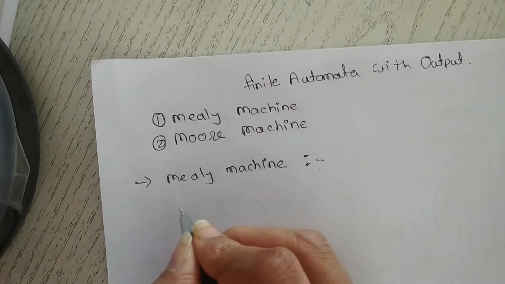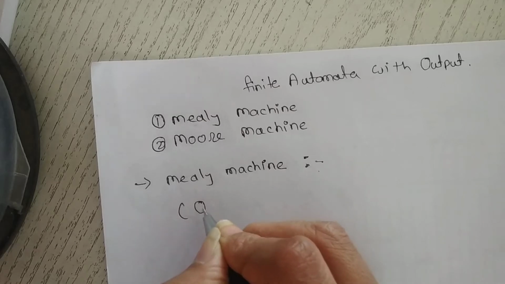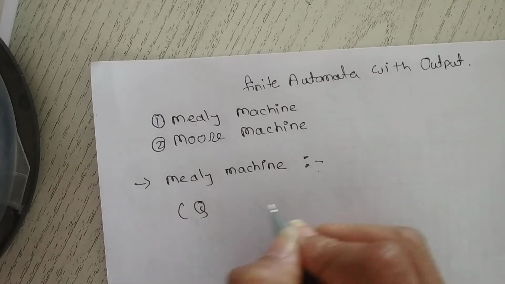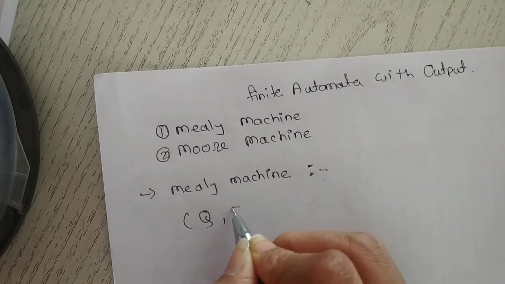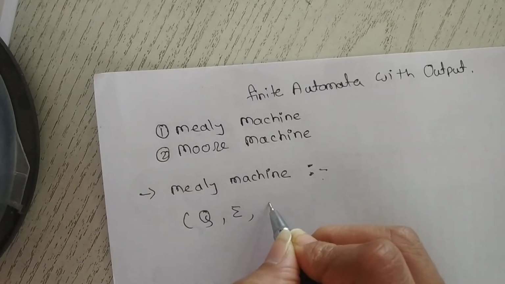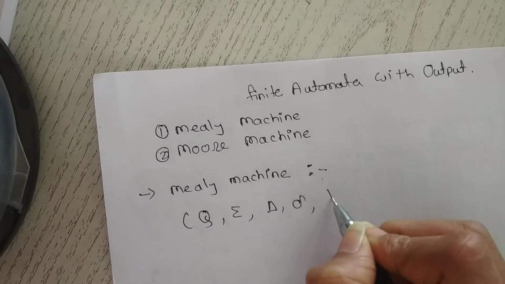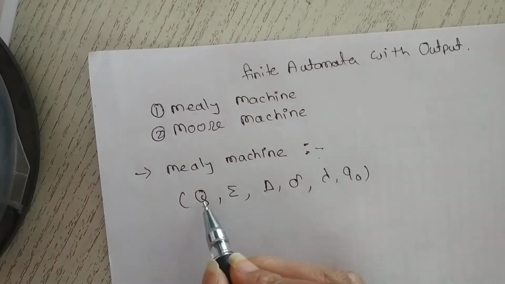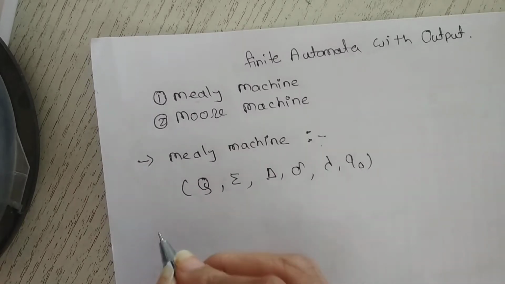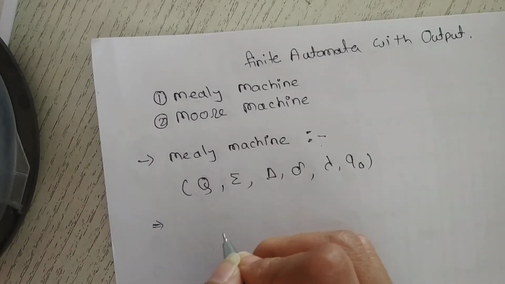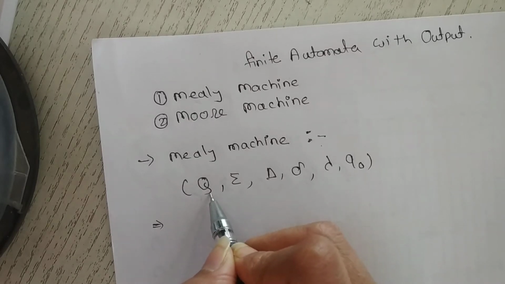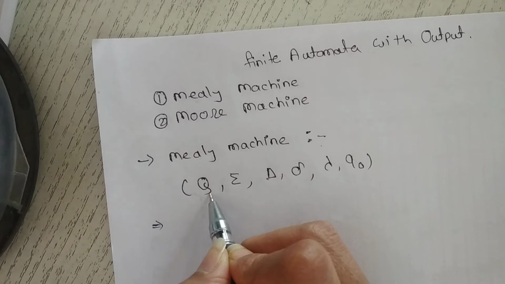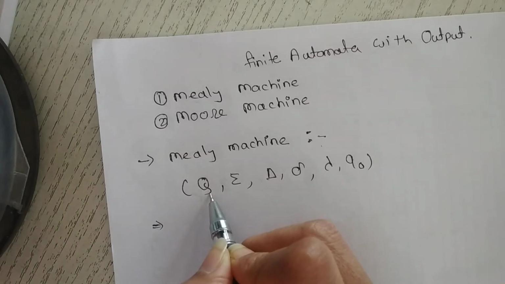Let's write it here. Those are the symbols for those 6 tuples: Q, sigma, delta, del, lambda and q0. Let's start with Q. Q is a finite set of states.